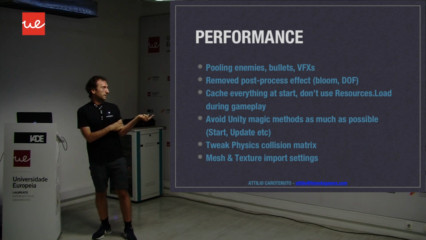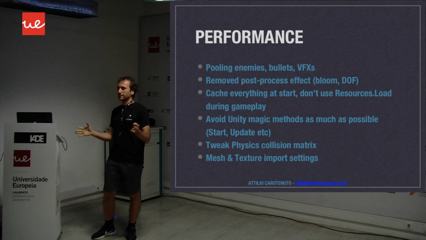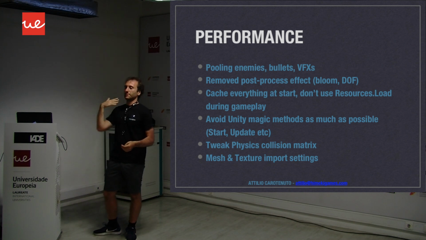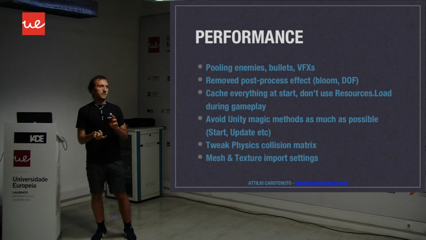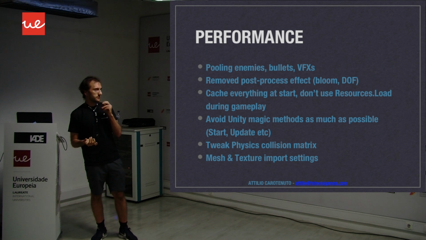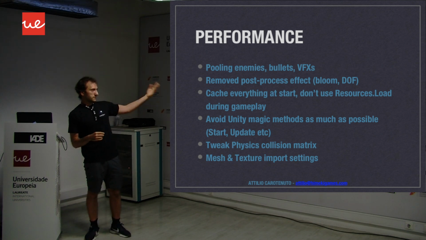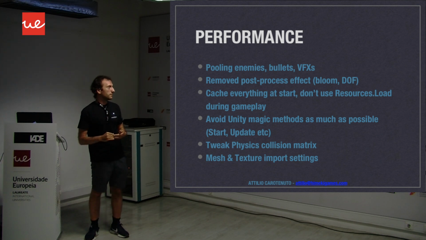So we had to create an enemy manager, which is responsible for handling all the enemies, and it has only one Update. That's responsible for updating all of them, initializing, destroying. So try to avoid them as much as possible. Sometimes it's convenient, so if it's a small script, it's fine. But for something like enemies that update on every frame, try to avoid using those.